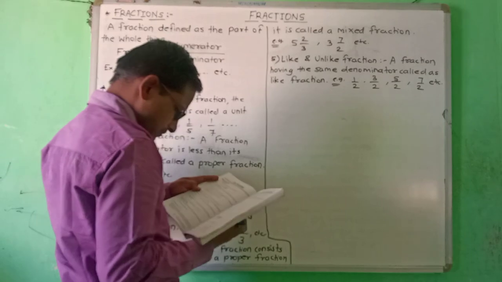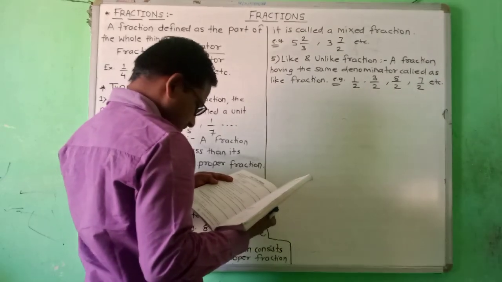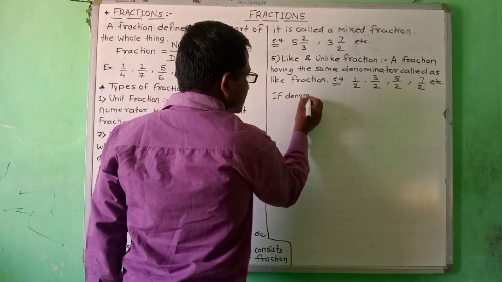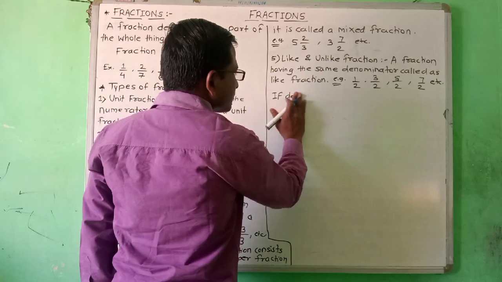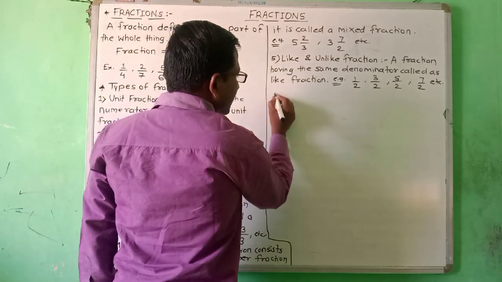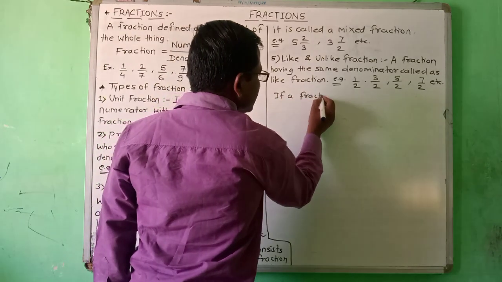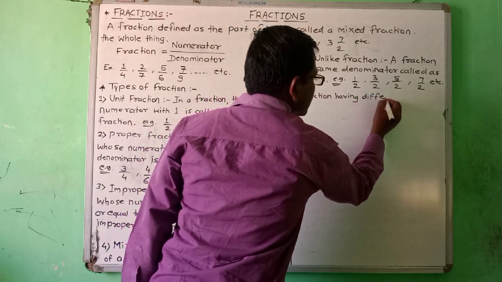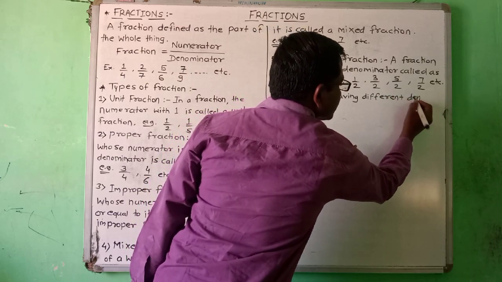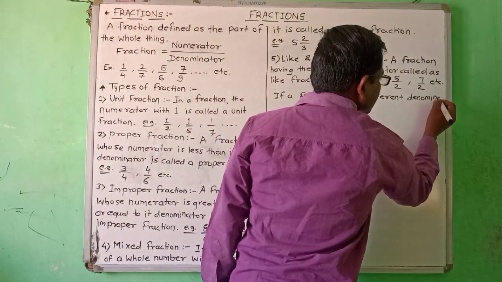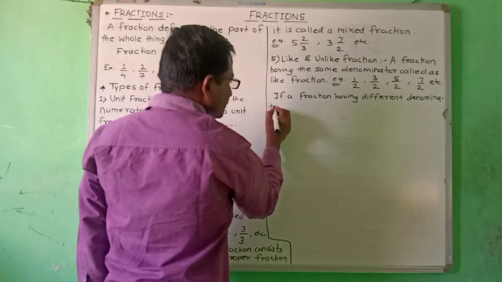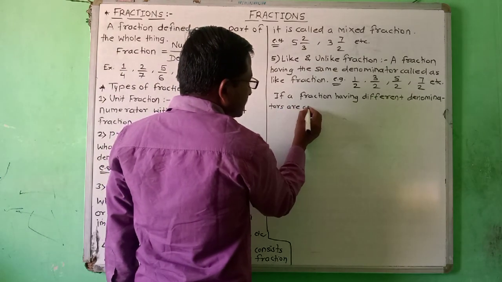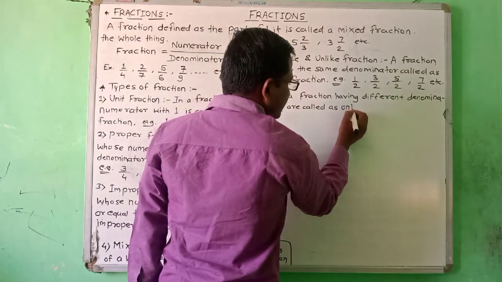Then if fractions have different denominators, they are called unlike fractions.